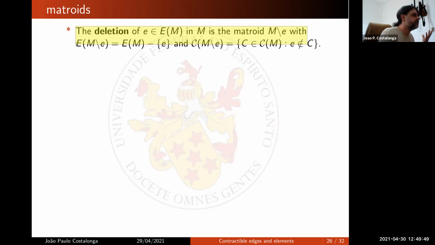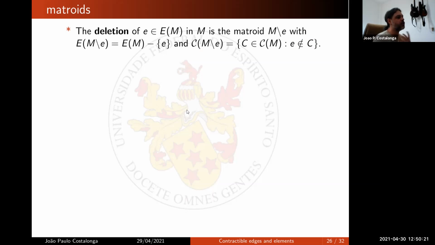We simply consider the ground set of the deletion as the ground set without the element you want to delete, and the circuits being the same set of circuits, but we only keep those which do not contain the deleted element. It's the same thing as in a graph: when you delete an edge, the circuits of the graph with the edge deleted are the circuits that avoid the edge.